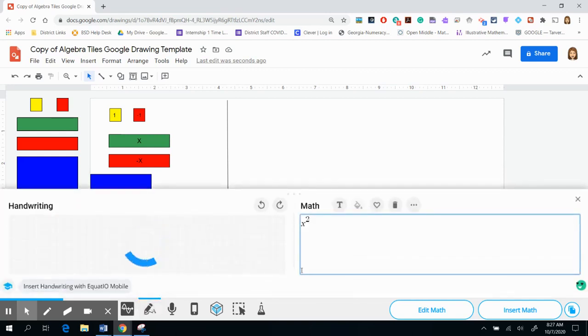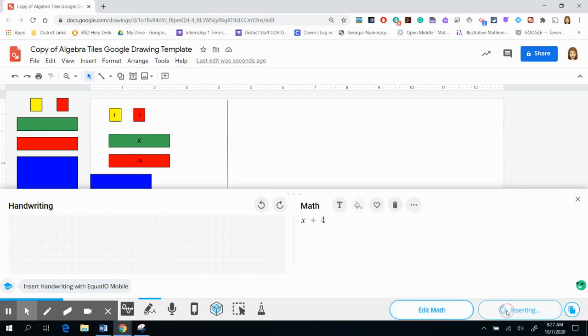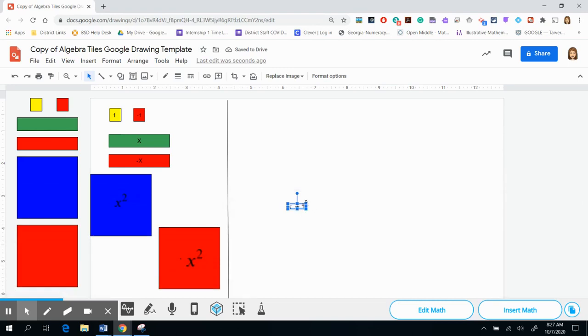Come back to Equatio. And I'd like to start with x plus 4. We'll enlarge that a little bit here. X plus 4.